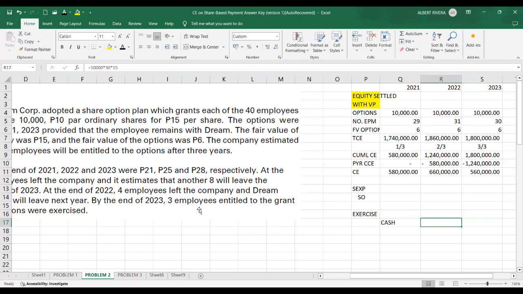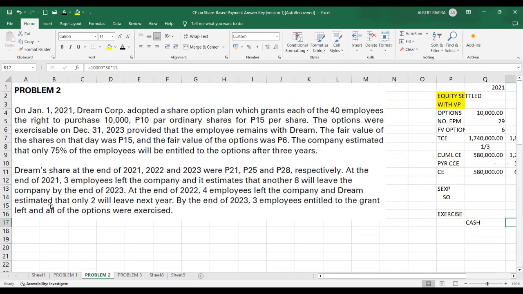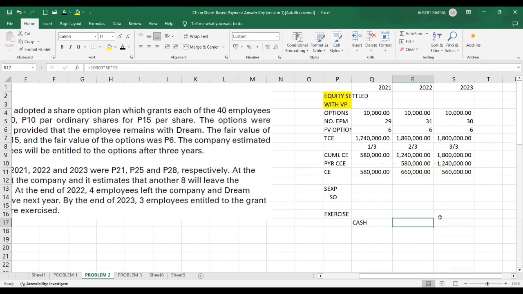By the end of 2023, 3 employees were no longer entitled to the grant, and all of the options were exercised. Okay? So the number of options is 10,000, which were exercised based on the given information in problem 3, times the number of employees, that is 30, times the option price of 15.